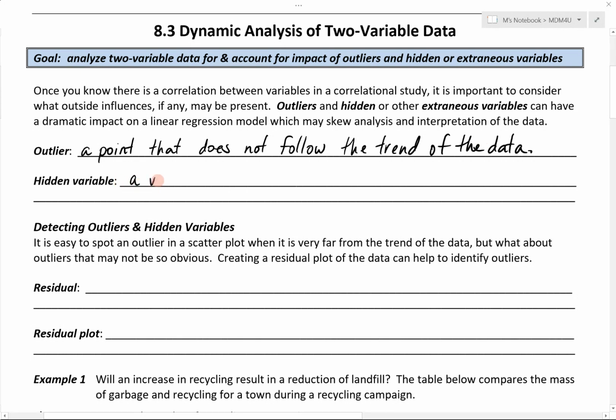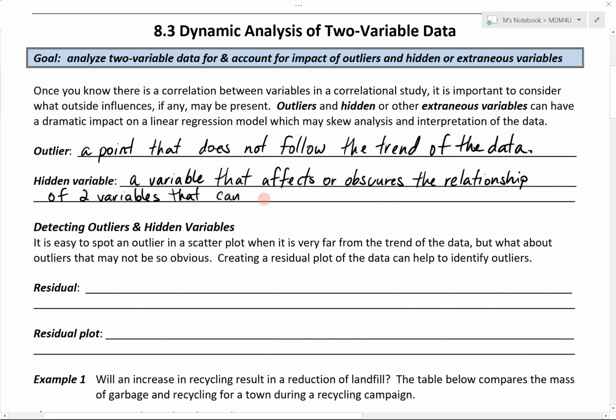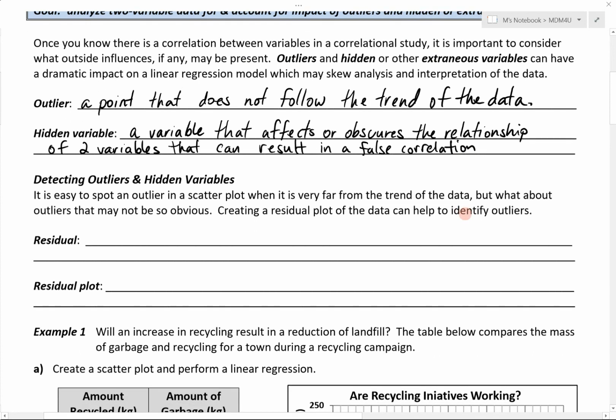A hidden variable is a variable that affects or obscures the relationship of two variables, that can result in a false correlation or a kind of fragmented trend. Okay. So detecting outliers and hidden variables.